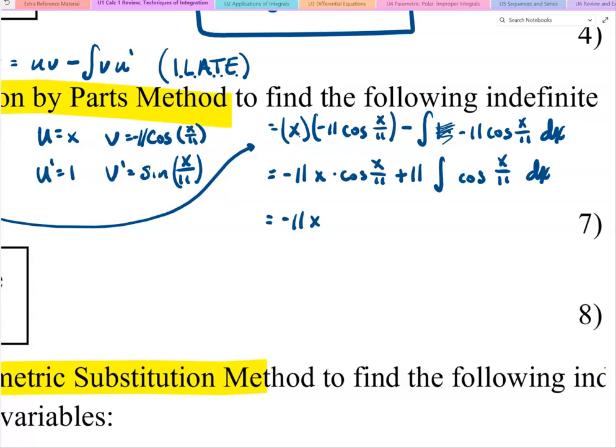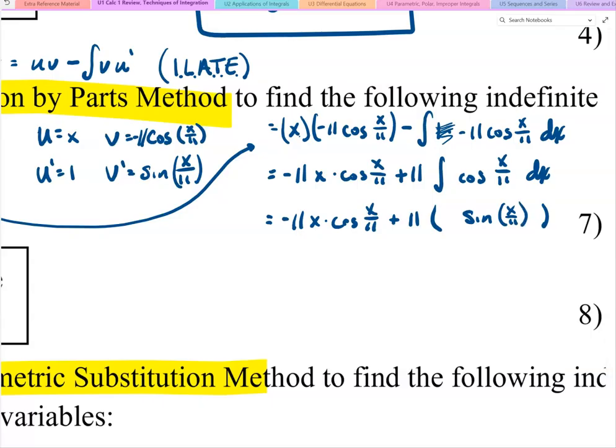We'll copy down this expression again, so we have negative 11x cosine x over 11 plus 11 times, now the antiderivative of cosine x over 11. Similar to what we did over here, the antiderivative of cosine is sine.